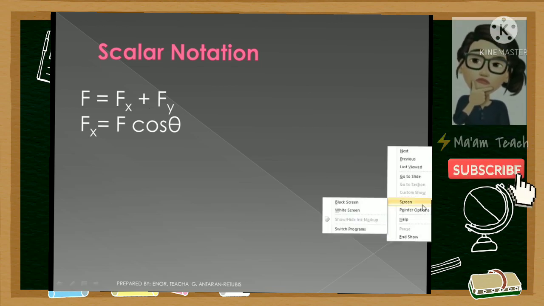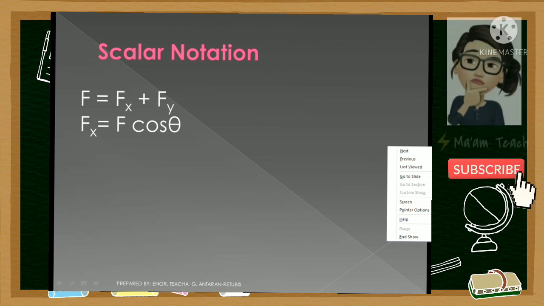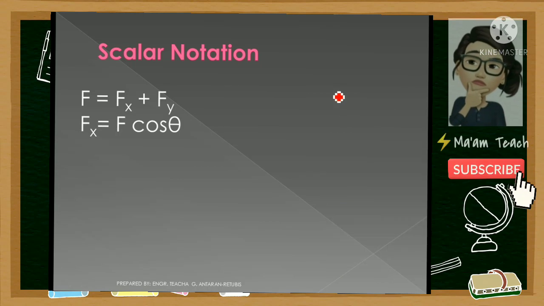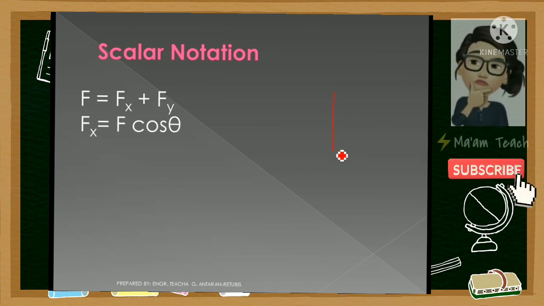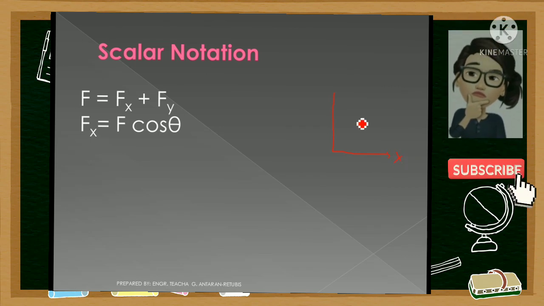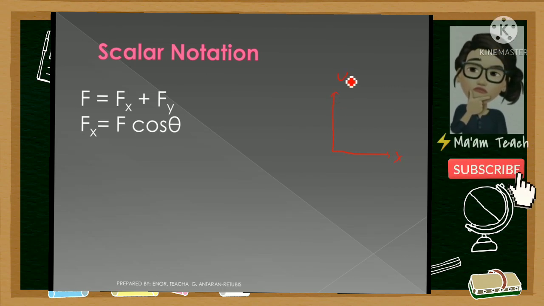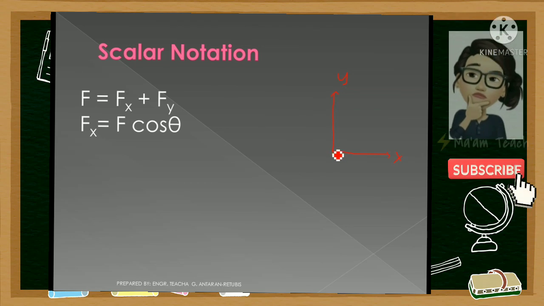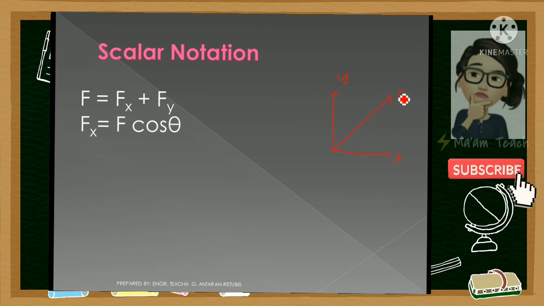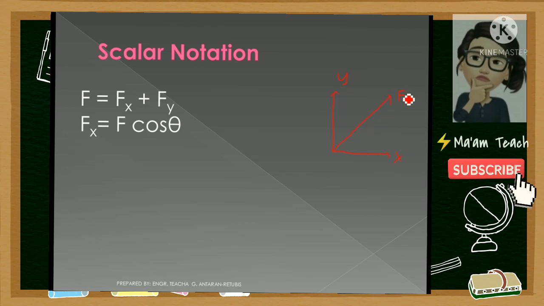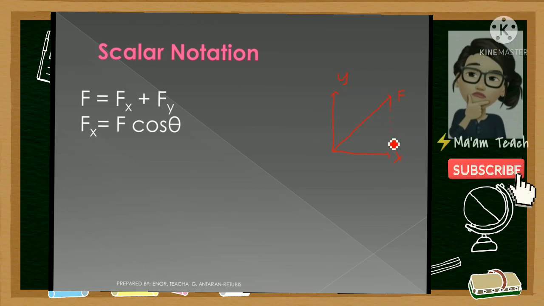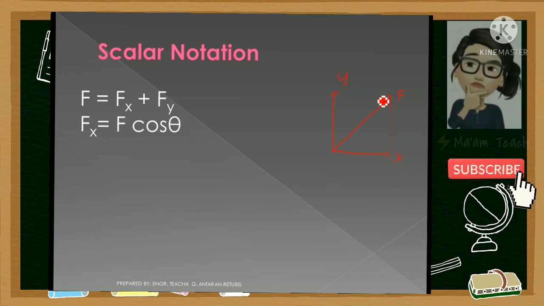Actually, class, we have taken this from our right triangle. It's like this. If we have here a force, for example, this is our x-axis and this is our y-axis. Let's say this is our force F. If you want to resolve it, or get its x component, we just make its parallelogram, like that.